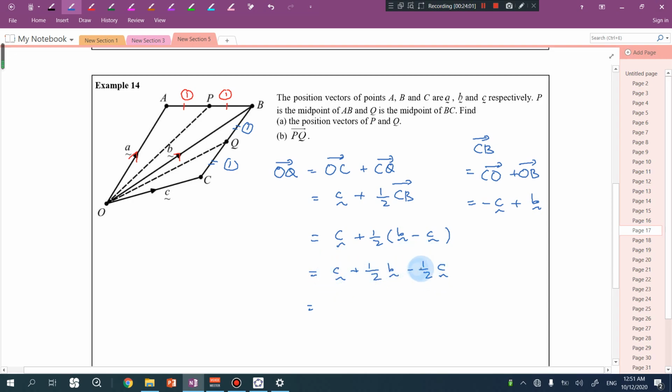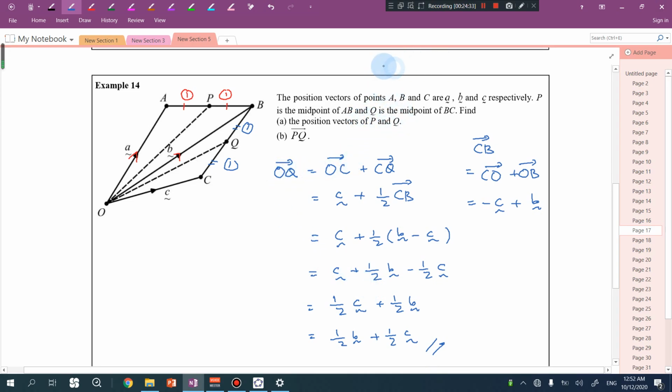So 1 minus 1 over 2, you get 1 over 2 C plus 1 over 2 B. Normally I write following the sequence of the letters, so it will be 1 over 2 B plus 1 over 2 C. This is OQ. Yes, correct.